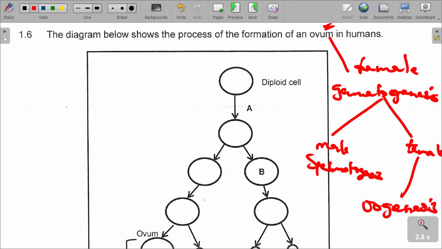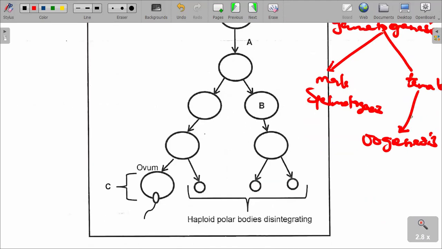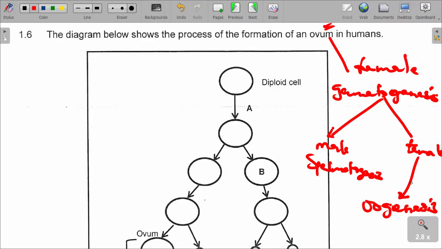The moment we look at this, we are supposed to be able to understand and relate very well, so that we won't be making mistakes. Always understand that meiosis is the process responsible for gamete formation.